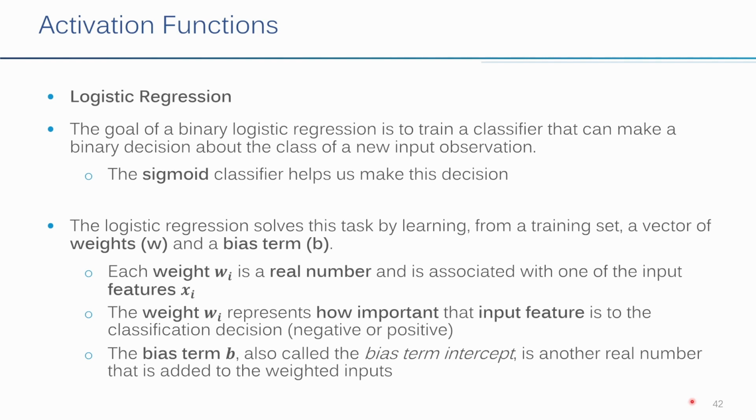The role of this weight, at least in the beginning of our training process, is to represent how important a specific input feature is for the classification, negatively or positively speaking. It's not just used to give a high importance to something. It's also used to say that this specific feature is not important for the decision at all.